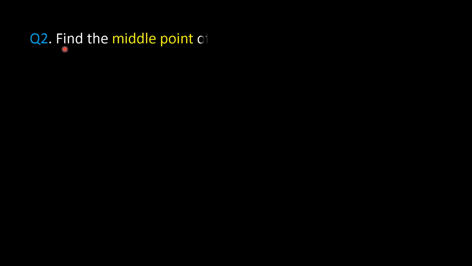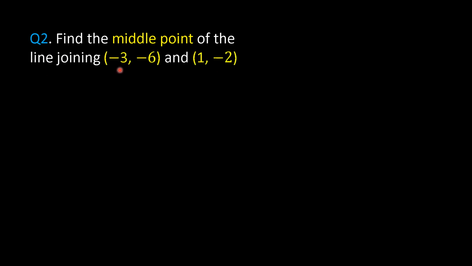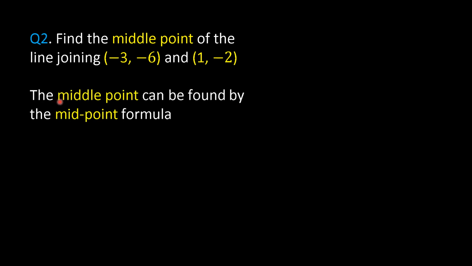In the second question, we have to find the middle point of the line joining (-3, -6) and (1, -2). The middle point of the line segment can be found by the midpoint formula, which is the x coordinate as (x1 + x2) by 2. That will be -2 divided by 2, that is -1.